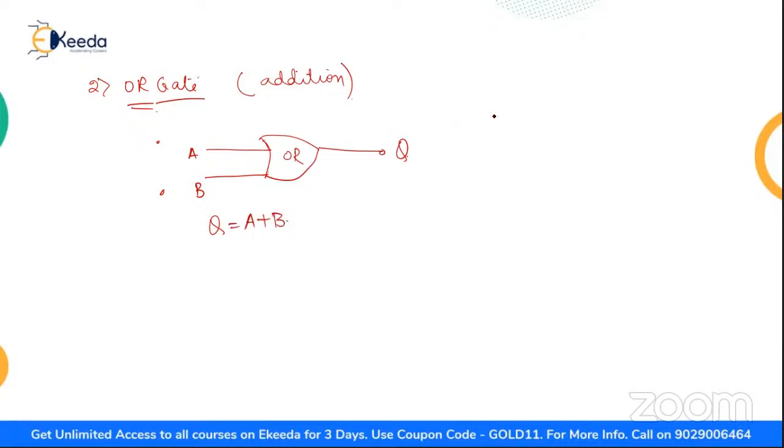This is the Boolean expression. Truth table: input A, input B, output Q. 0 0 0, 0 1 1, 1 0 1, 1 1 1.